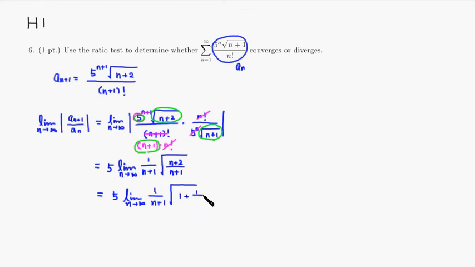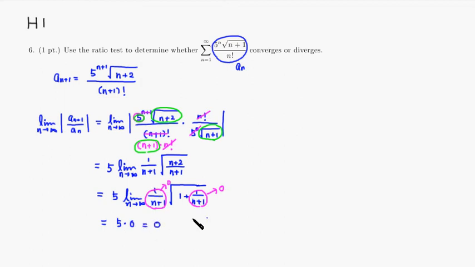Then it's clear where this is going when n goes to infinity. Here, 1 over n plus 1 goes to 0, because it's 1 divided by a big number. And the same thing here, this guy goes to 0. So what you have is really 0 times the square root of 1, which is 0. So you have 5 times 0, which is, of course, 0.